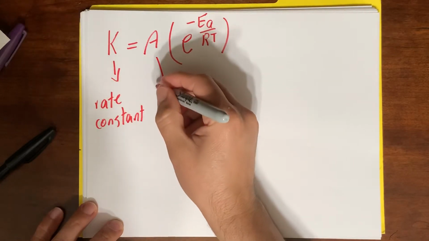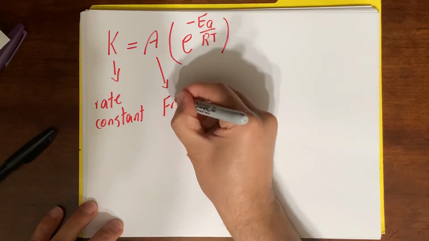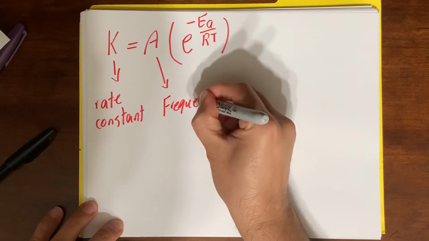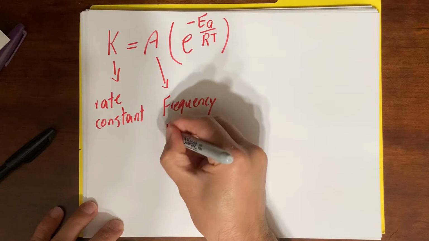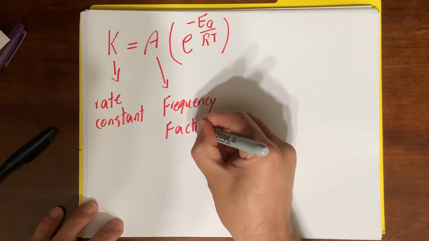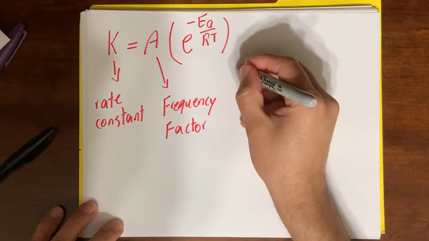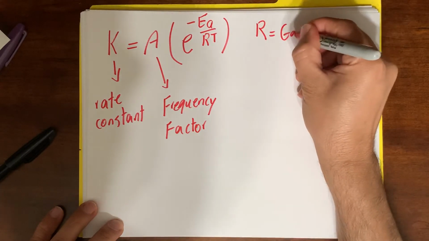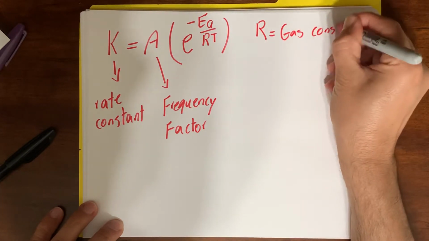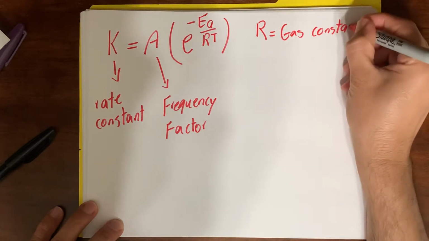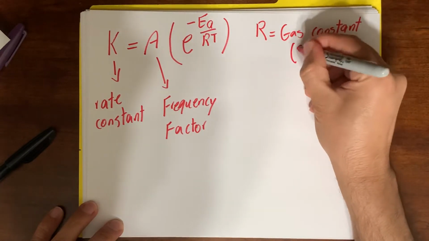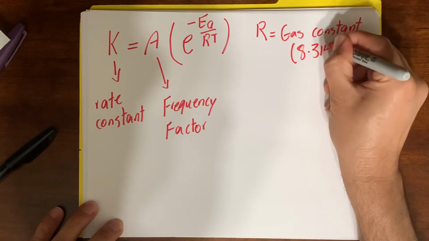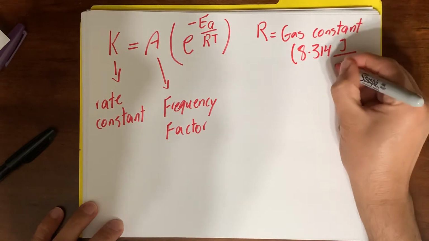A you can call the frequency factor. And R is the gas constant, and the number for it is 8.314 joule over mole Kelvin.